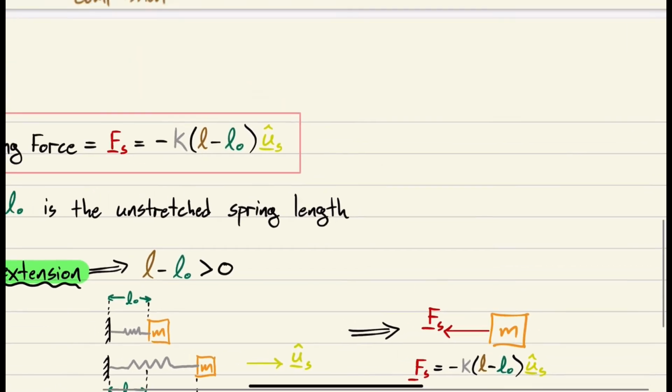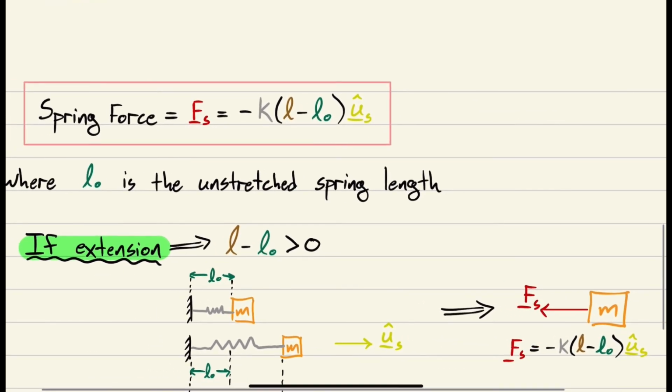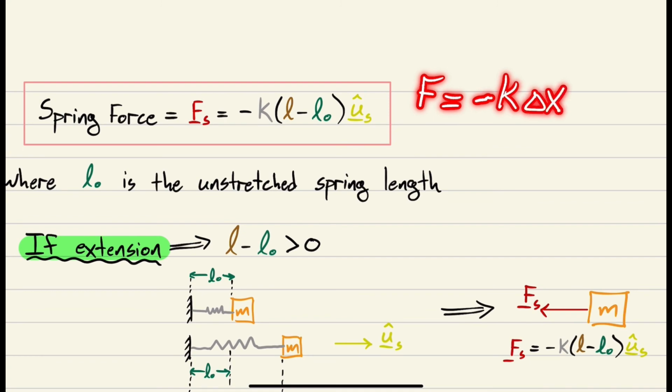In a lot of physics textbooks, or even if you just Google spring force, like go do it now, Google what is the formula for a spring force. It's going to be some variation of F equals negative K delta X, and that'll be it. That's all it'll say. And that's kind of right?